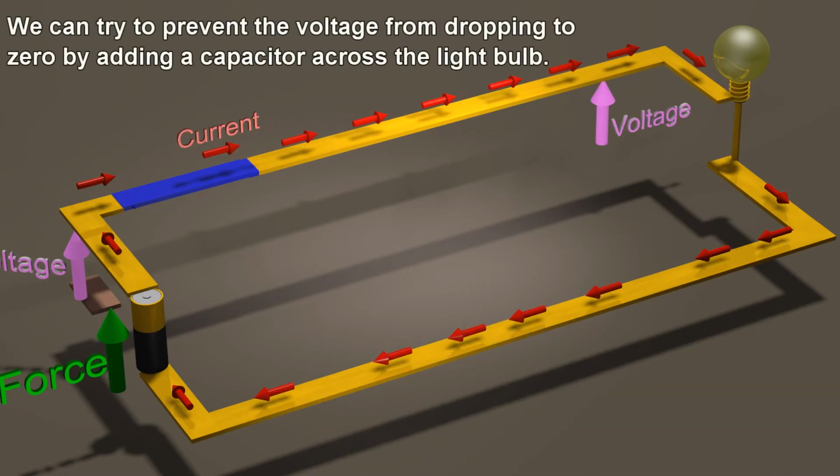We can try to prevent the voltage from dropping to zero by adding a capacitor across the light bulb.